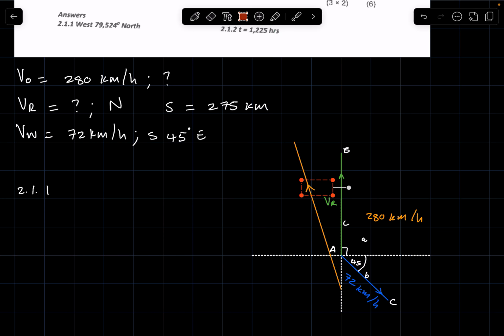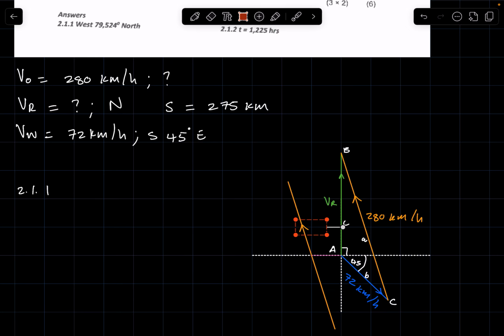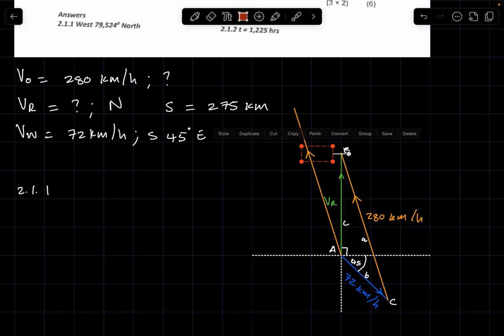The vector that represents how the aircraft is moving, leading up to it reaching its destination, is VO. So VO, practically speaking, is in that direction. If you look at our vector diagram, VO is headed in this direction.